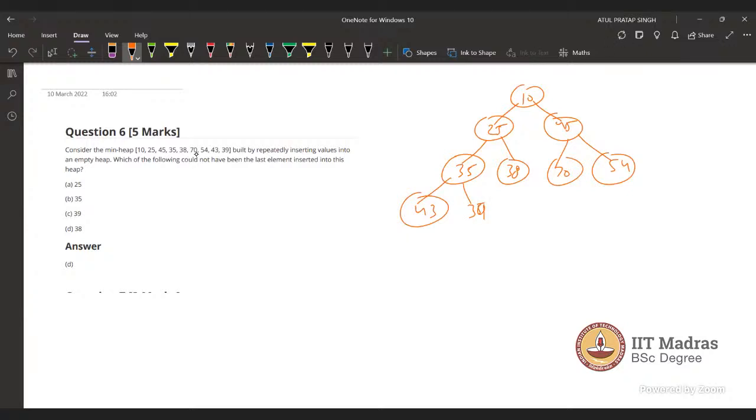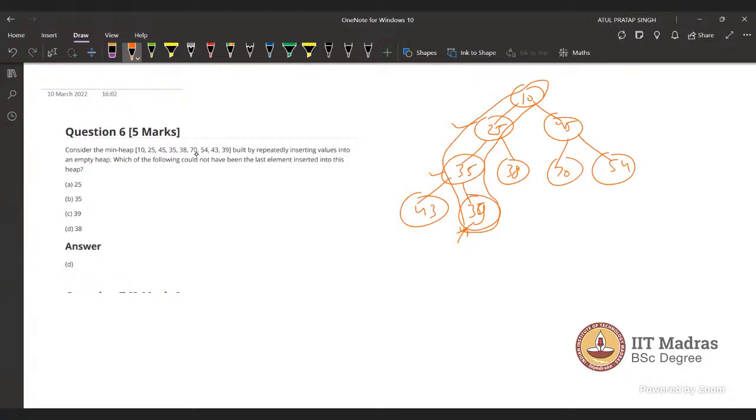This is the actual min heap from the problem statement, and the last inserted element came from this position. So we check which elements are on that path, since those are the possible elements inserted last. 25 is on the given path, 35 is also on that path, 39 yes, it is the last, 38.